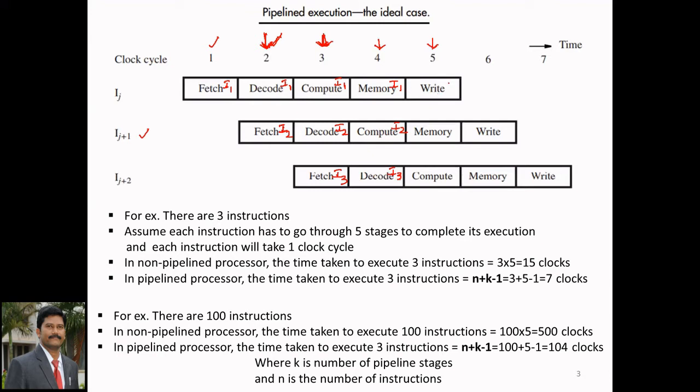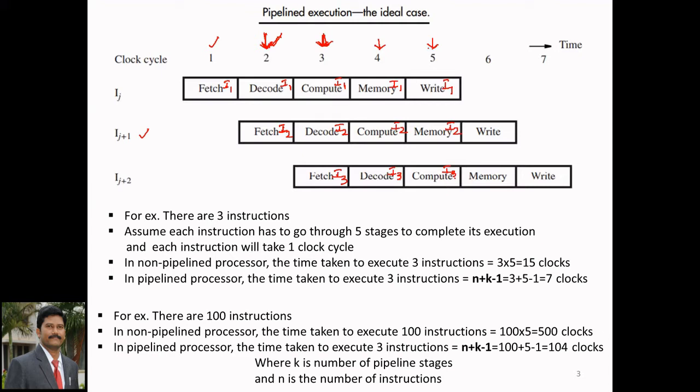I1 is given to the write-result operation, I2 is given to the memory unit, and I3 is given to computation execution. That means at T5, I1 is writing the result, I2 is finding the effective address of the memory, and at the same time I3 is in the execution unit.